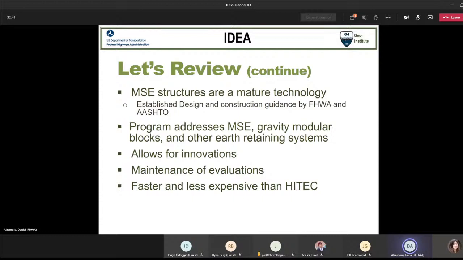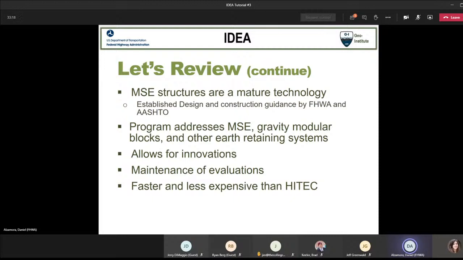It also provides some maintenance of these evaluations. I've been involved in high-tech evaluations in the late 90s, 2000, and those evaluations were probably still what's current now, even though those specific systems may have changed slightly compared to what was done in the evaluations 20 years ago.